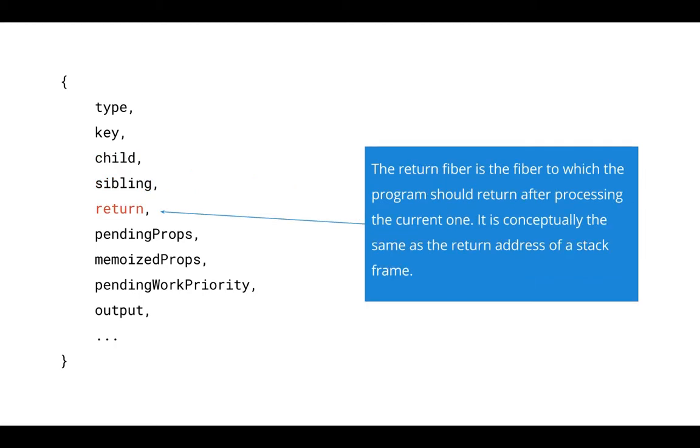The return property is basically the fiber to which the program should return after it differenced or diffed certain components. And you can think of it basically as a continuation or a recursive breakpoint within the entire asynchronous rendering pipeline.